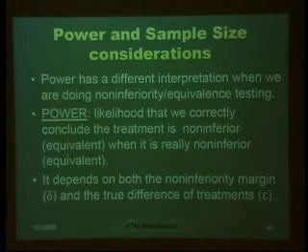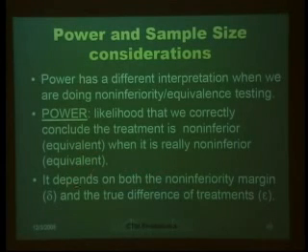So I want the probability of concluding the treatments are equivalent, given that they are in fact equivalent. I want that to be large. So I want a large power. And of course, if I have a large power, I would have a small type 2 error.